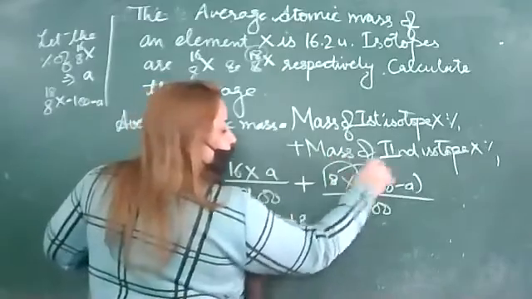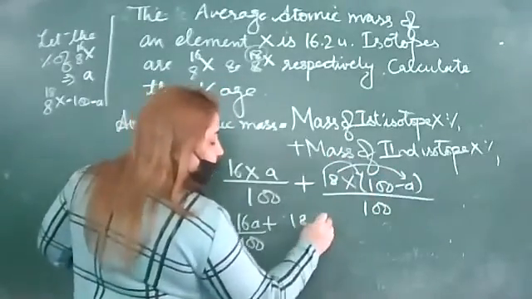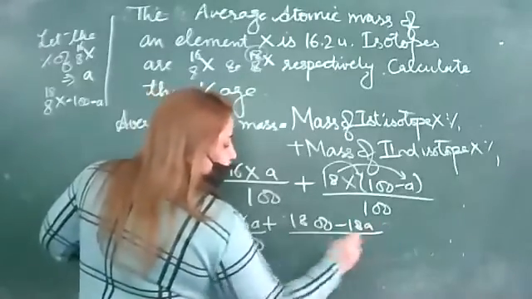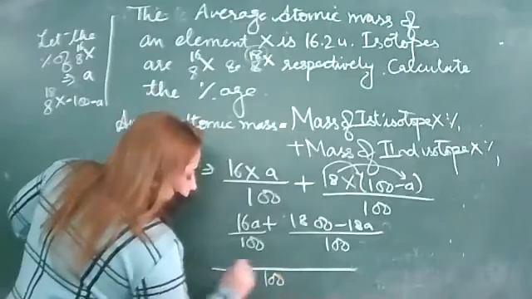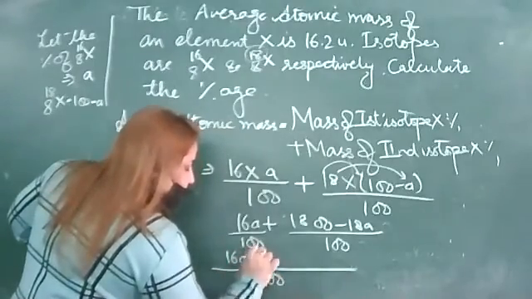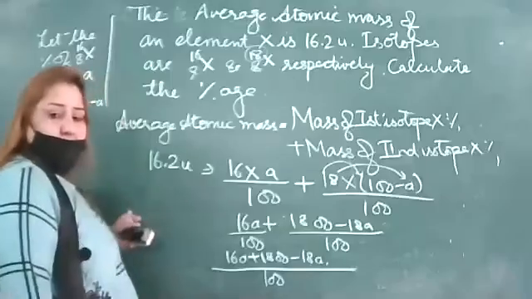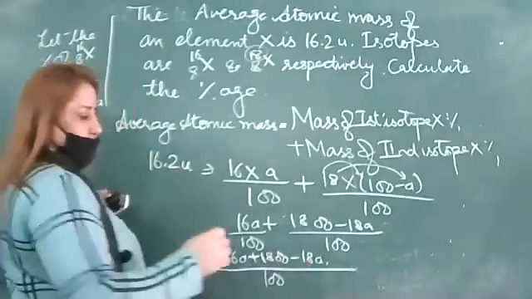This will multiply with both terms in the bracket: 1800 and 18 multiplied by A, 18A. LCM 100. 16A plus 1800 minus 18A. It will come 16A minus 18A, minus 2A.